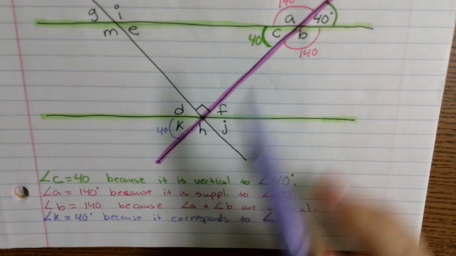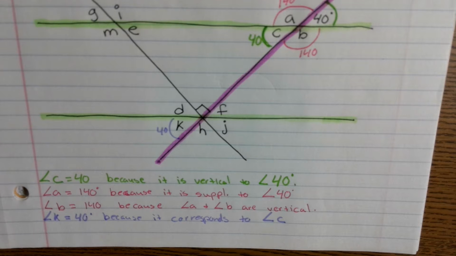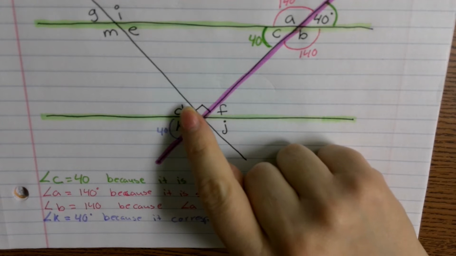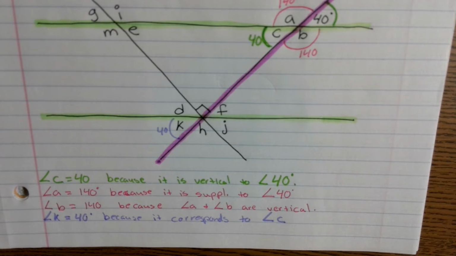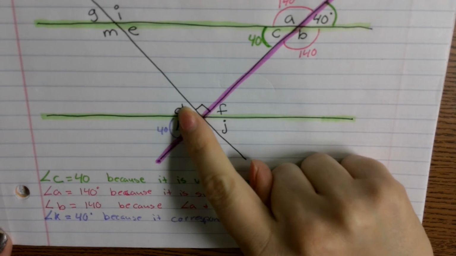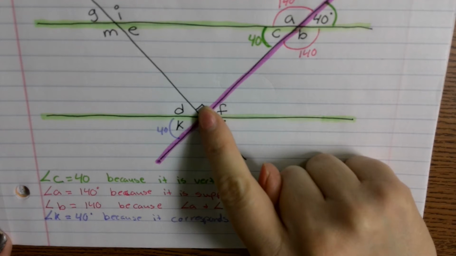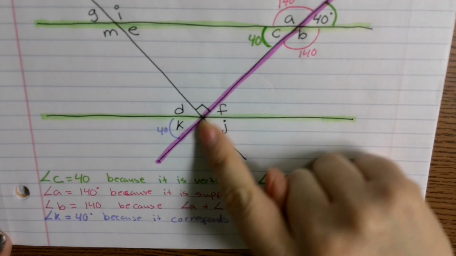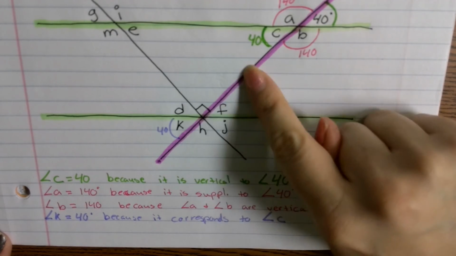Now, once I have one of these angles written down, I can start filling in other parts, like angle D. I can fill in angle D because together K, D and this right angle are going to form what kind of pairing? 180, supplementary.